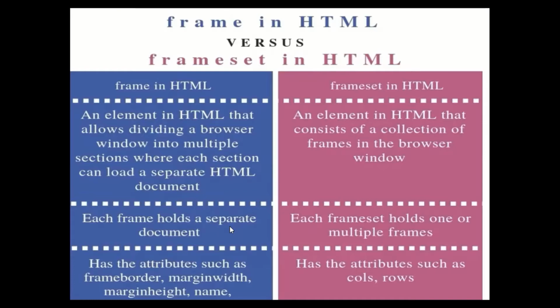So to sum up, frameset divides the overall browser window into multiple sections with the help of the rows and cols attributes, whereas in those rows and columns, the frame tag or frame element loads a separate HTML document, and the use of frameborder and marginwidth and marginheight is done in the frame HTML tag.